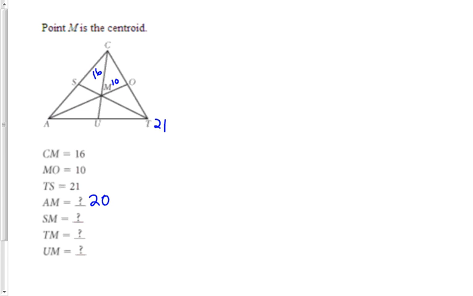Now they're asking us the distance of SM. Well, we know that ST is 21, and that TM has to be twice as long as SM. So 21 divided by 3 would be 7, right? And so TM would be 14 and SM would be 7, because TM has to be twice as long. So SM is 7.